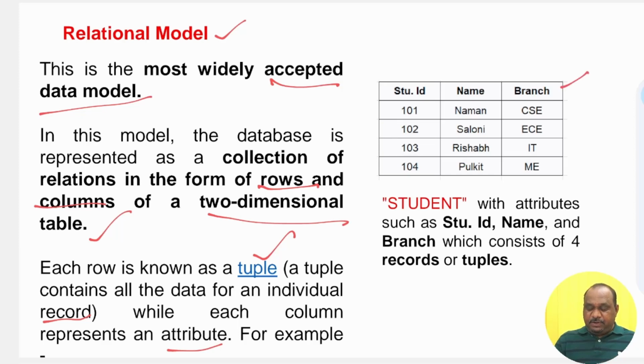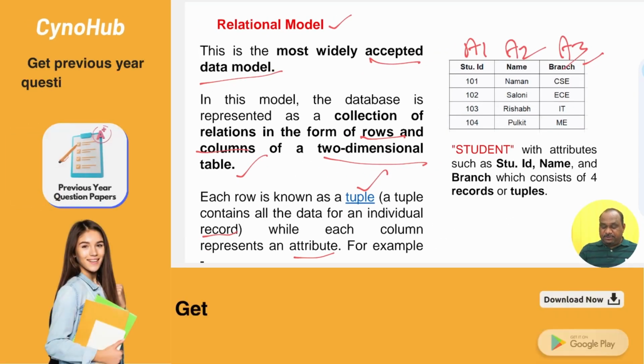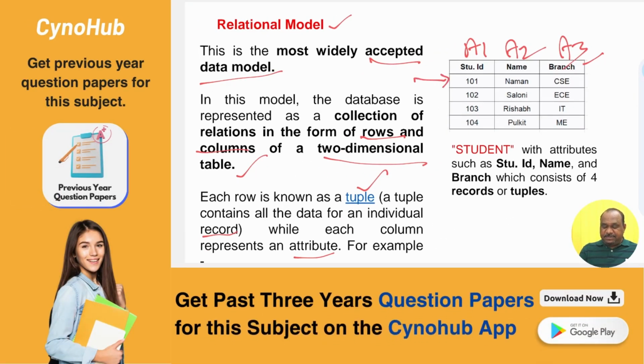This is a complete table, that is a two-dimensional table. In this there is attribute 1, attribute 2, attribute 3. Now what are the tuples here? Each record is a tuple. Assume that this is record 1, record 2, record 3, record 4.